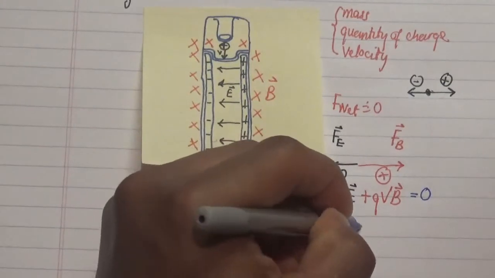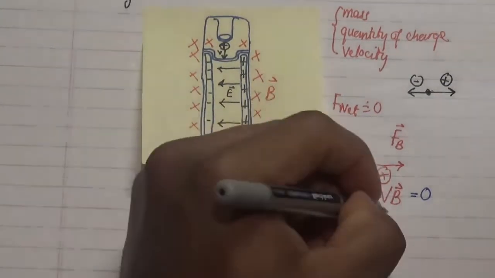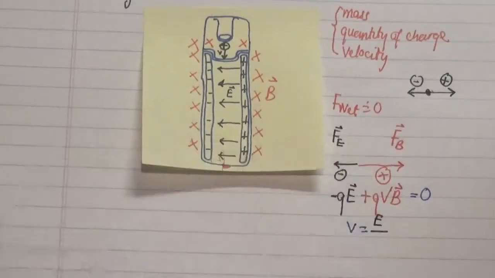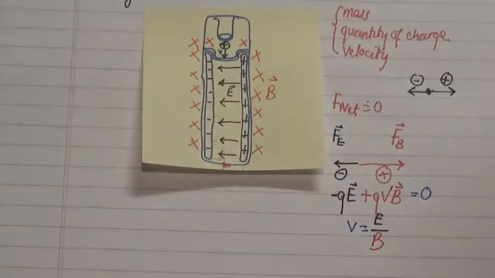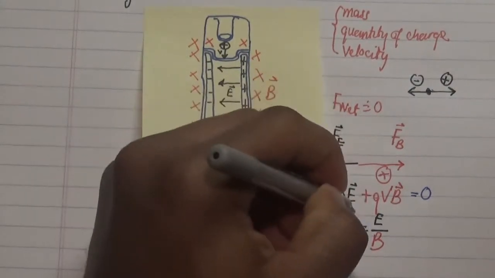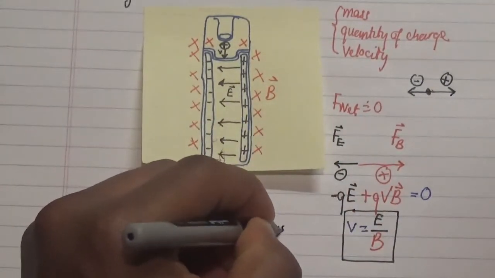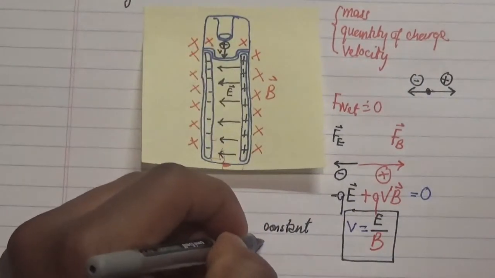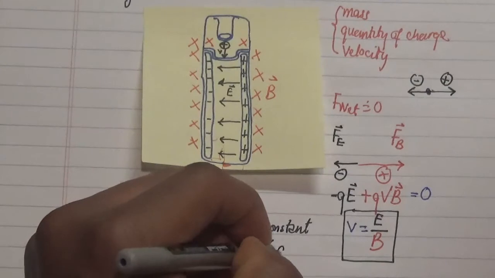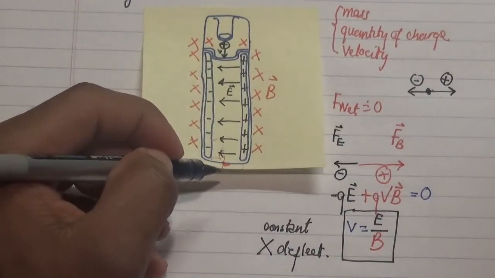What we realize is that our velocity is dependent on the electrical field and our magnetic field. So this must be taken into account: the velocity of our charged particle must be at constant speed, and it must move in a straight line without any deflection in order for it to hit our detector over here.